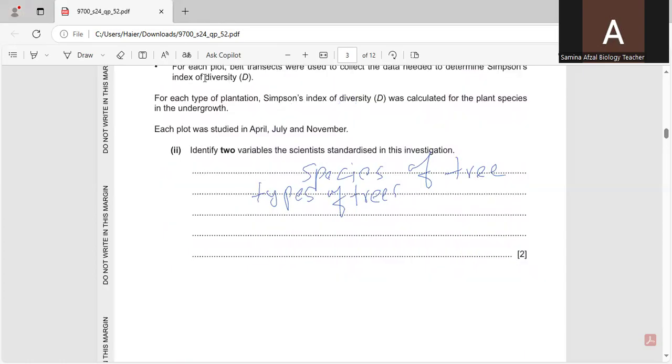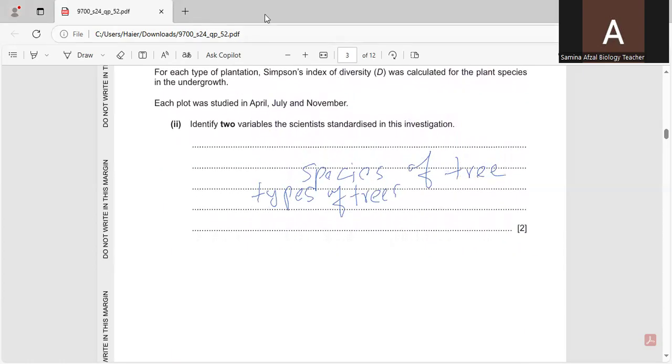Now, each tree plantation was studied in April, July, and November. Identify two variables the scientists standardized in this investigation. The variables which should be standardized in this investigation: three different types of plant species will be used for this investigation.